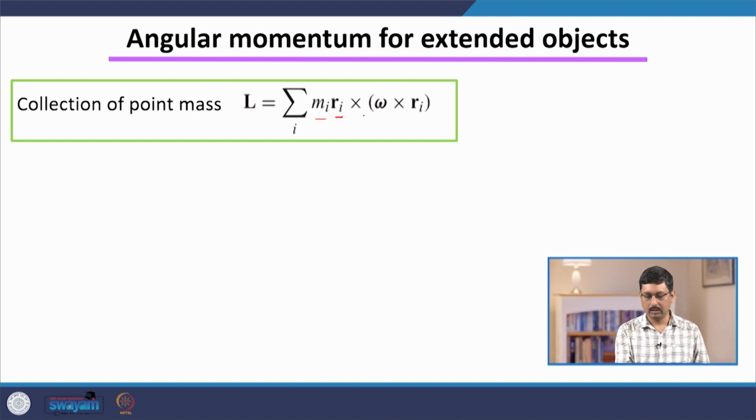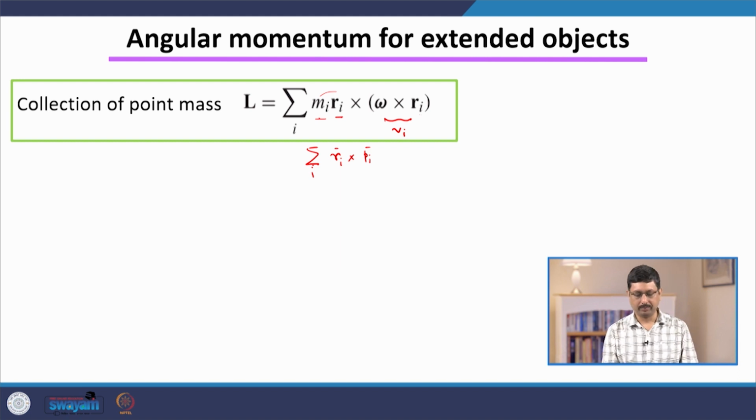Omega times r is v, the v of particle i, and m i times v i is p i. So, this is essentially r i cross p i, and then sum over all particles. It is just a straightforward generalization from the definition we discussed before.